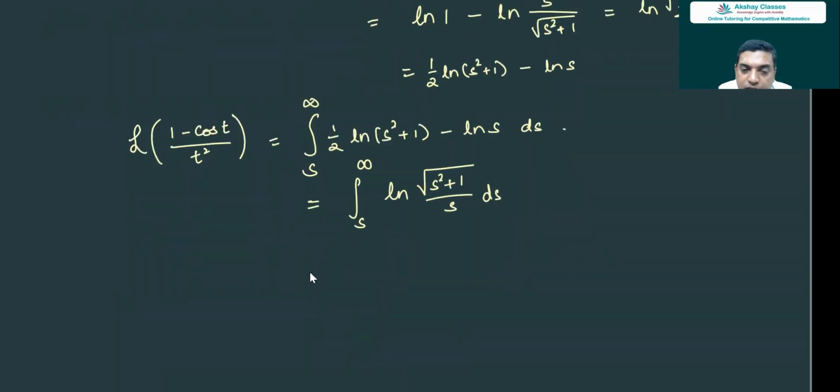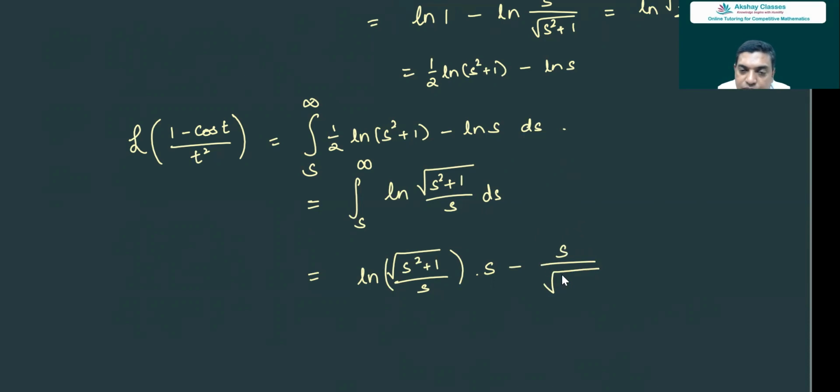So first function is this, into the integral of 1, minus the integral of the derivative of this. So the derivative of log x is 1 by x.